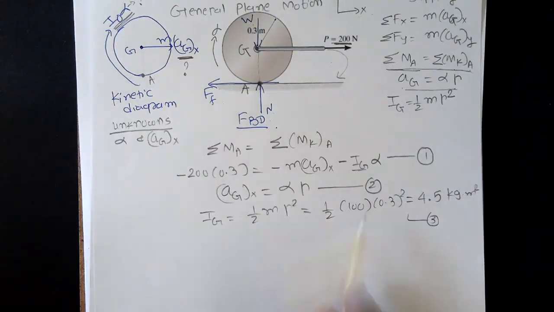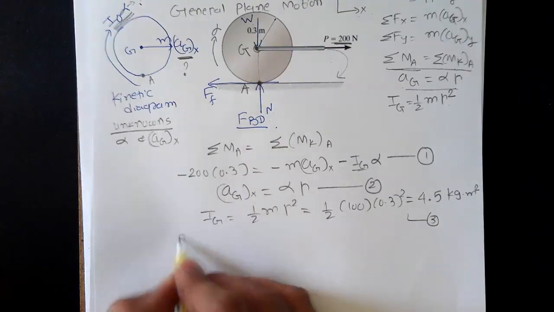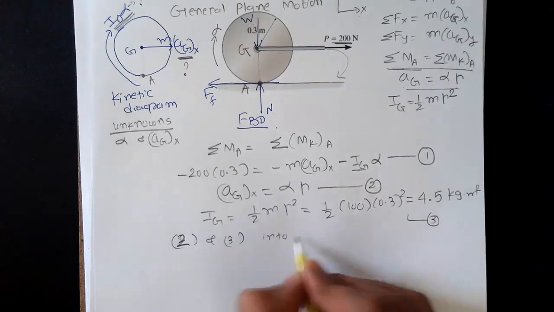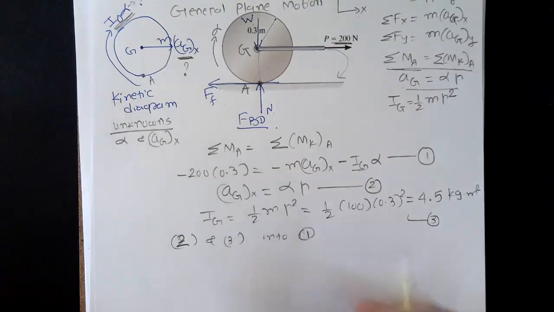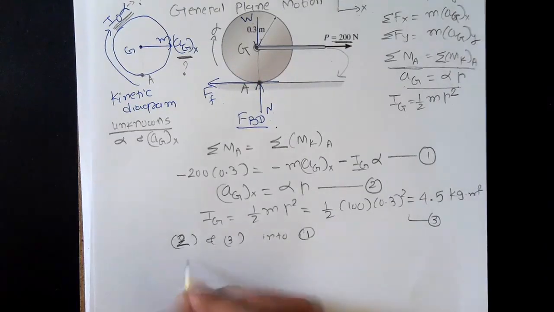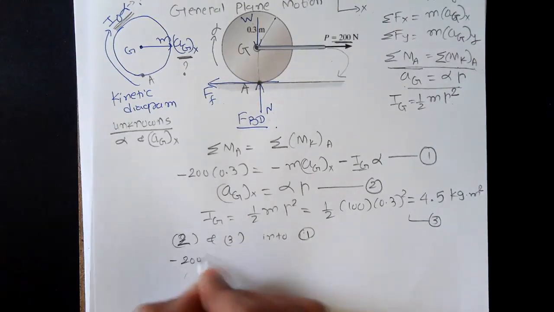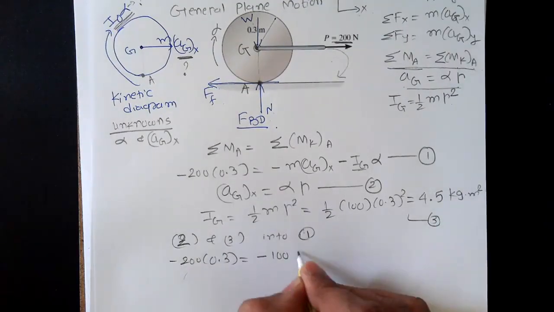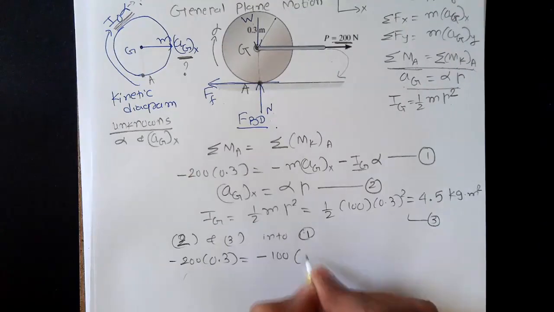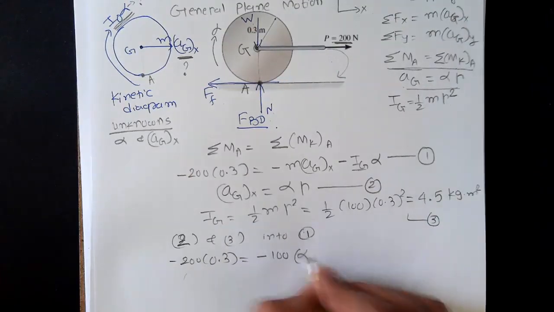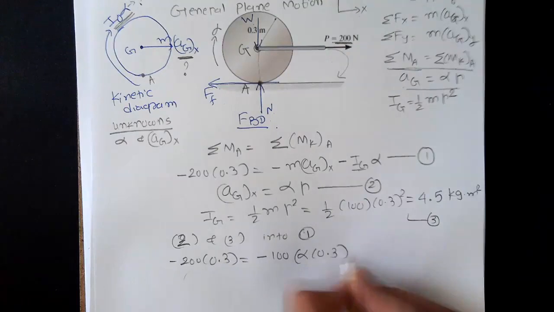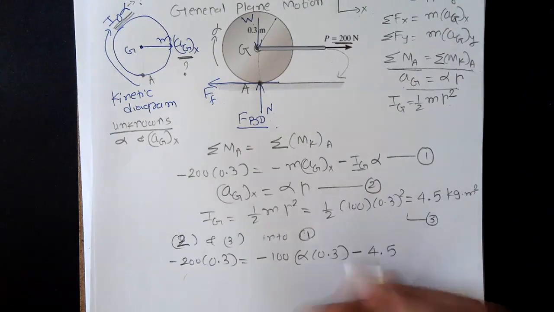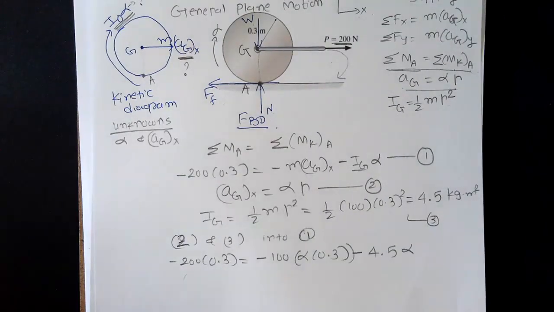So now it's time to substitute 2 and 3 into equation 1. When we do that, we get minus 200 into 0.3 is equal to minus 100 into AgX, which is now r alpha, so alpha multiplied by 0.3, and minus 4.5 multiplied by alpha.